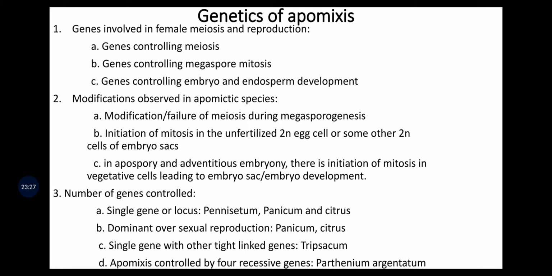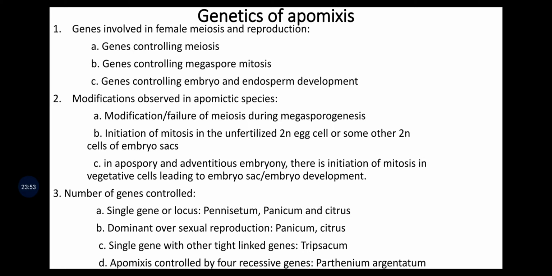Then modifications observed in apomictic species: modification or failure of meiosis during megasporogenesis, initiation of mitosis in the unfertilized 2n egg cell or other 2n cells of the embryo sac, not the egg cell, meaning along with the egg cell, whichever are in the diploid condition, those cells can also be considered.